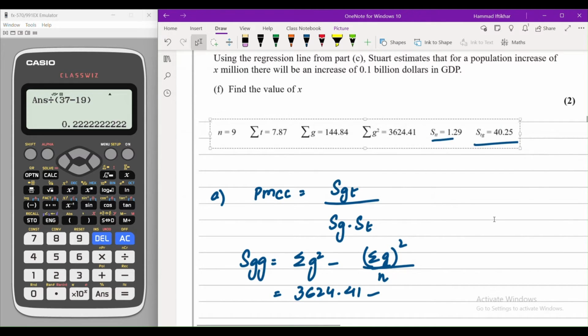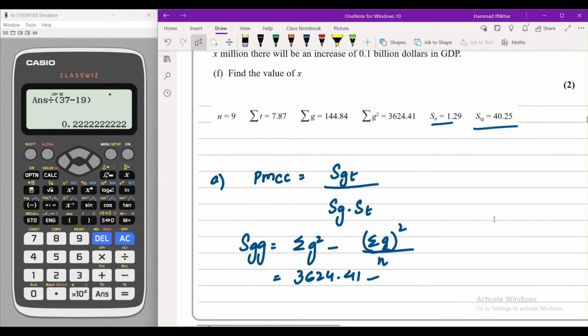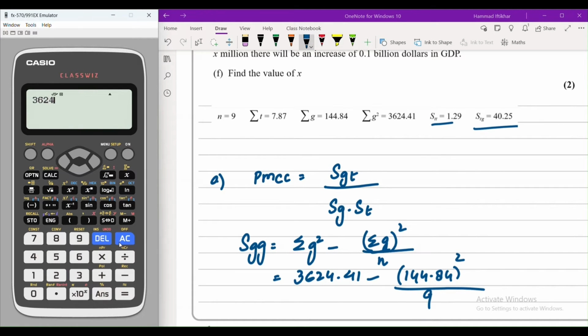Right, now this is easy. Sigma G is 144.84 whole squared divided by 9. So 3624.41 minus 144.84 squared divided by 9.